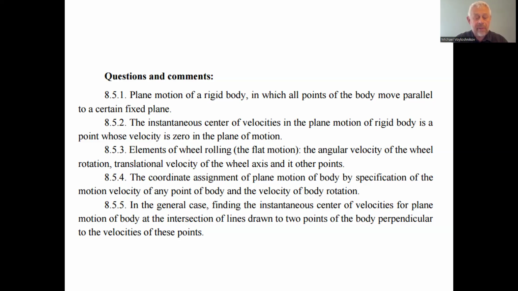855. In the general case, the instantaneous center of velocities for plane motion of the body is found at the intersection of lines drawn from the points of the body perpendicular to the velocities of these points.